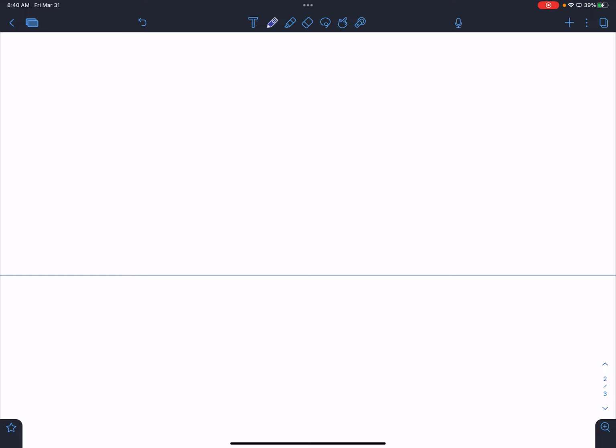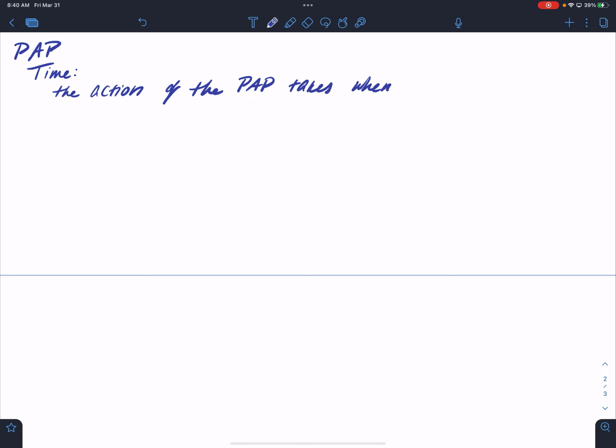Okay, so we talked about yesterday the PAP, present active participle. I want to continue that discussion a little bit. All right, so let's talk about the time of the present active participle. The action of the PAP takes place when? Before, after, or at the same time?